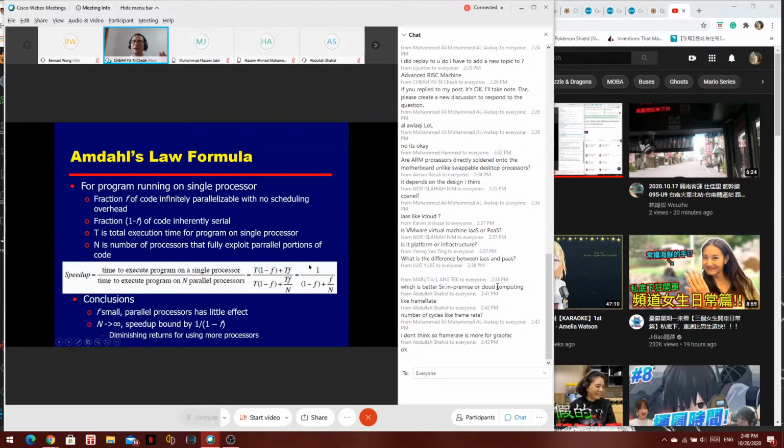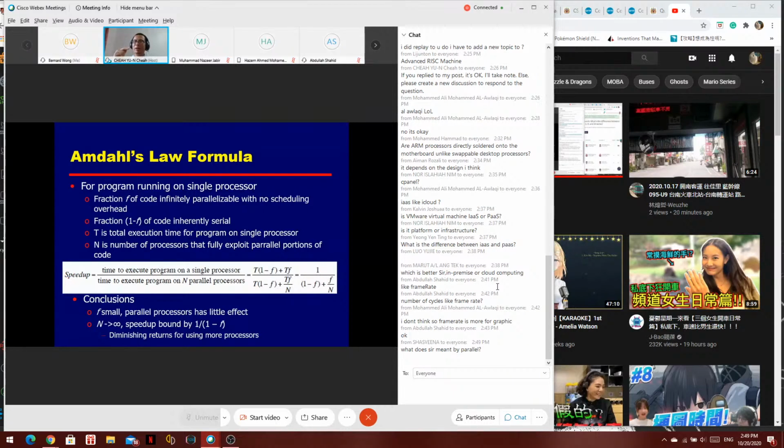If you look at the formula here, if your f is, let's say, 1, which is the biggest, then 1 minus 1 will become 0, and what you have is the speed up will be n. So if your code is totally parallelizable, then your speed up will be dependent on the number of processors that you have. If you have 2 processors, the speed will double. If you have 4 processors, the speed will quadruple.